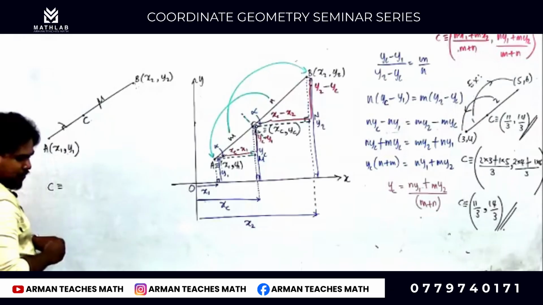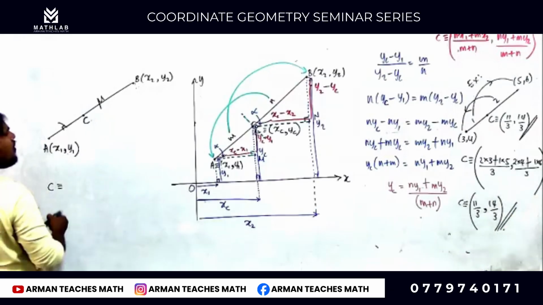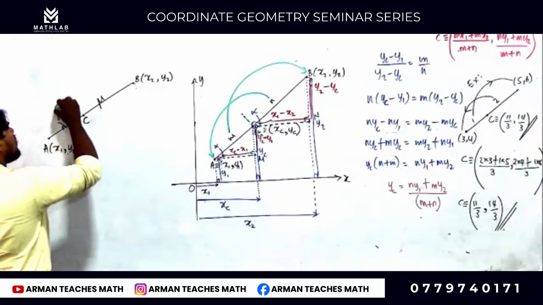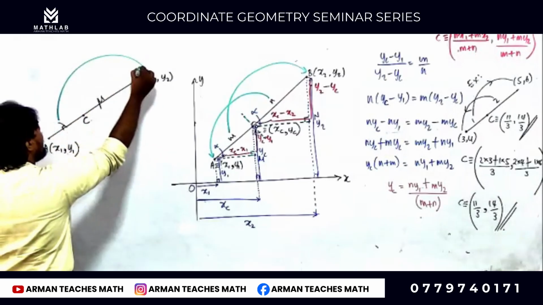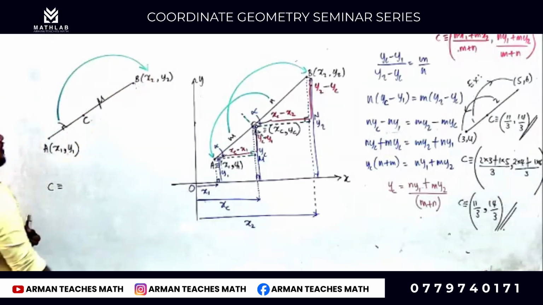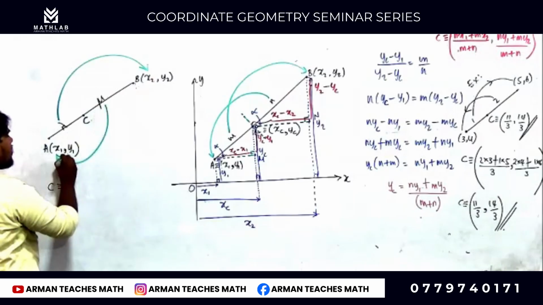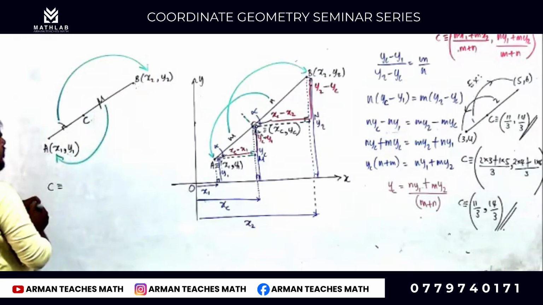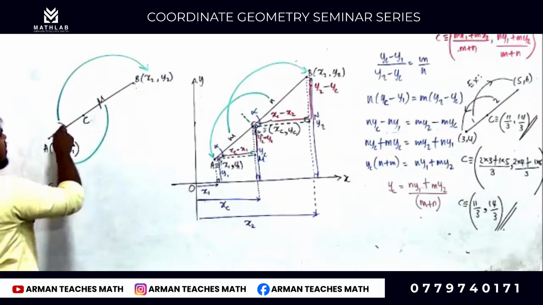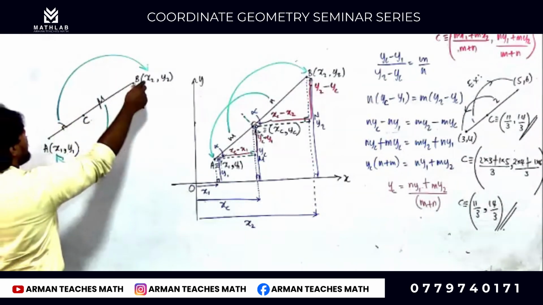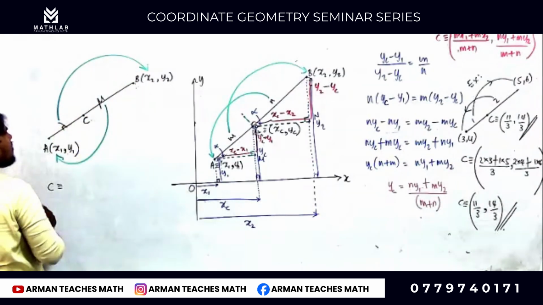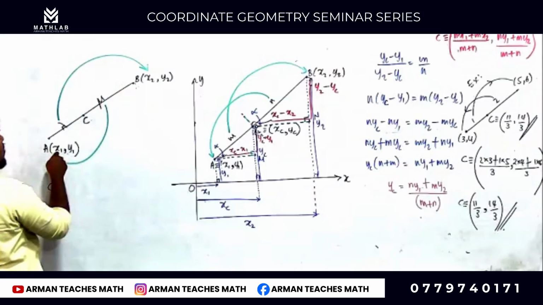What's the pattern? Always remember, mu is very much attracted to the opposite side. Lambda times this x coordinate plus mu times this x coordinate.